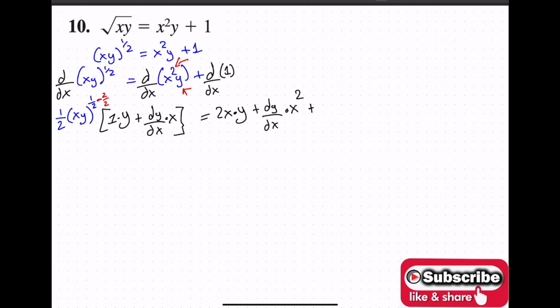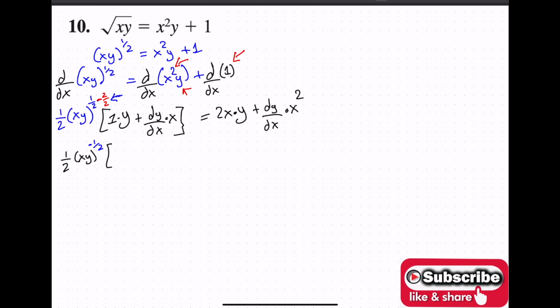The derivative with respect to x of 1, because it's a constant, is equal to 0, but we don't need to express that. Now we're ready to simplify. This is 1/2 xy raised to the, and this is 1/2 minus 2/2, that's a negative 1/2.